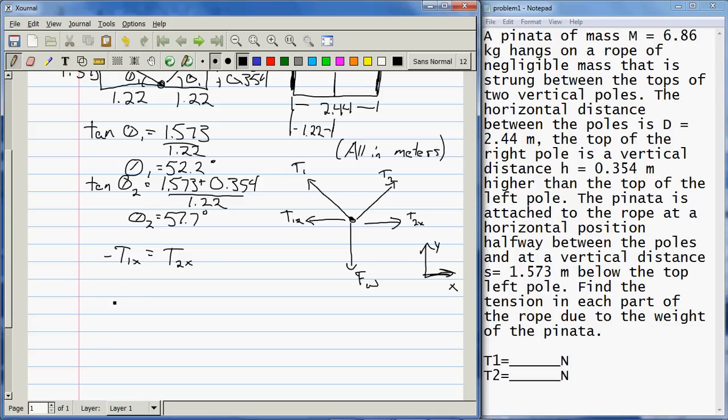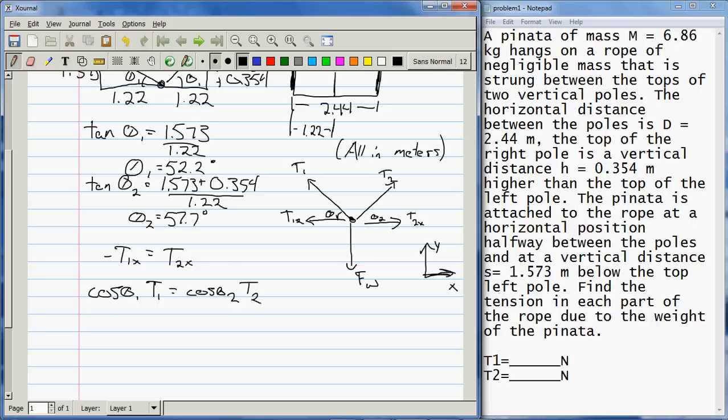And so this is negative T1x equals T2x. I get this negative from how I set my coordinate system, this being the positive y direction, and this being the positive x direction. T1 of x is pointing in the negative direction. So I can break this down to be cosine theta 1, our angles, can't forget those, very important, of the tension 1 force, and cosine theta 2 times T2.